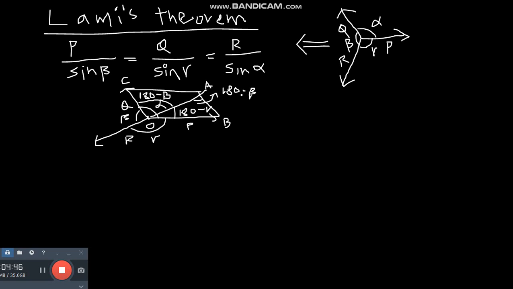Now this angle is 180 minus alpha, because this is alpha and you draw a straight line. These two are parallel, therefore this angle must be equal to this angle. Very clear. Am I correct?